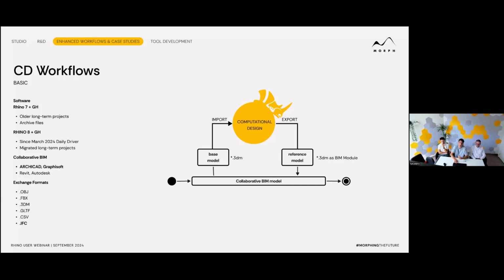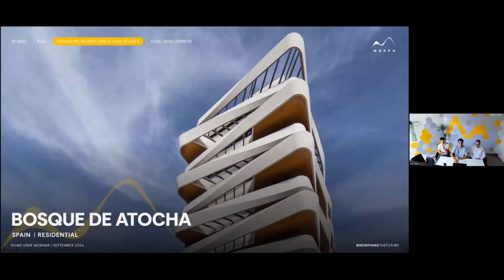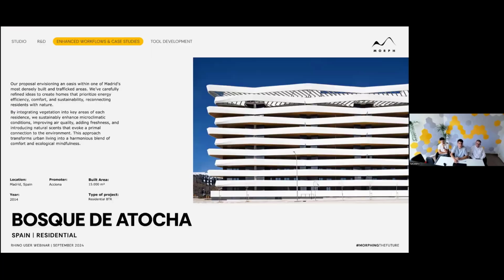It's going to depend on whether it's going to feed back into the BIM model or, for example, be given to the visualization team and imported to 3ds Max or whatever. So now I'm going to show two examples of projects that are in line with this basic workflow. This one is Bosque Atocha, a residential building built in 2014.